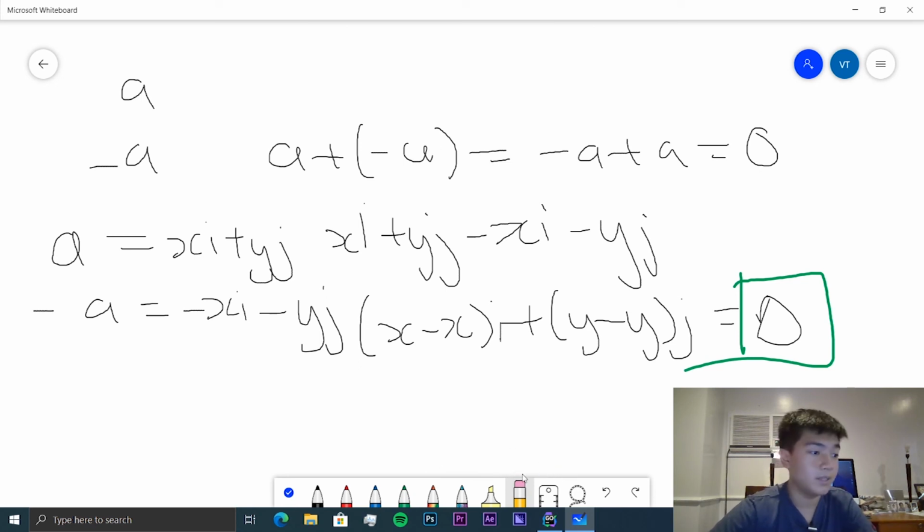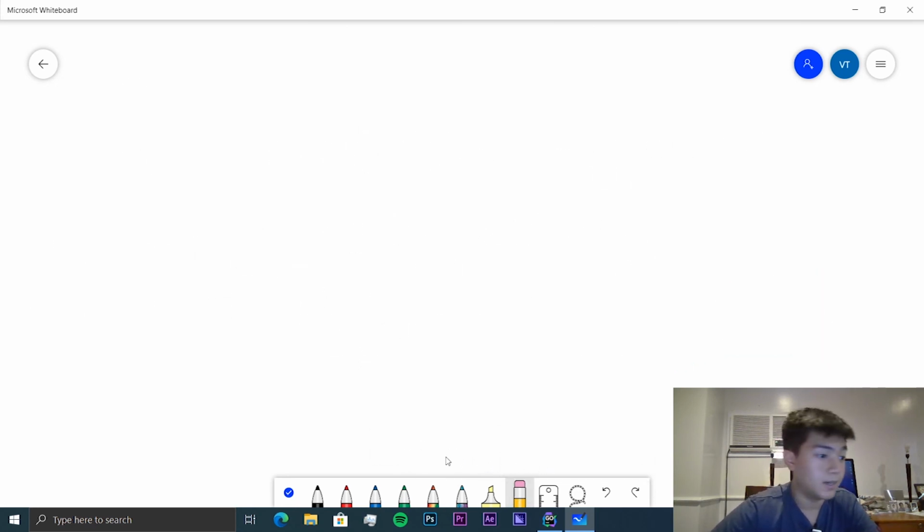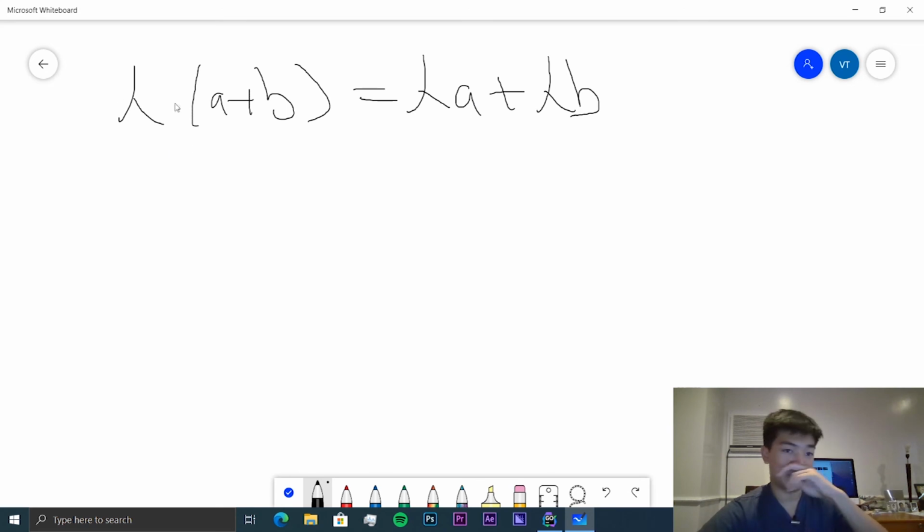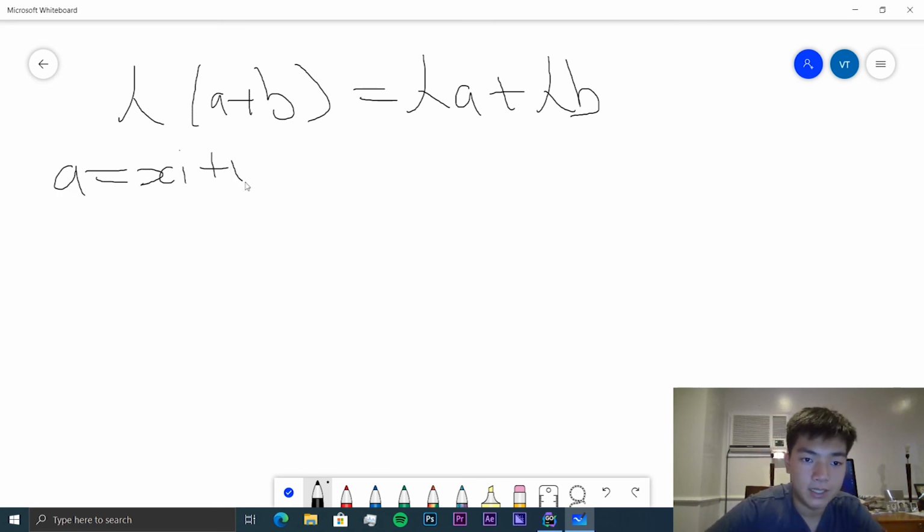So finally, we have the last question. Use the properties of real numbers to show the following properties of multiplication of a vector by a scalar. So the first property is that lambda times (A plus B) is equal to lambda A plus lambda B. A is equal to Xi plus Yj, B is equal to Mi plus Nj.